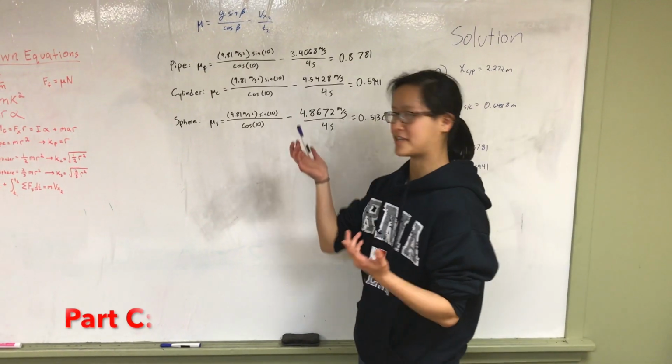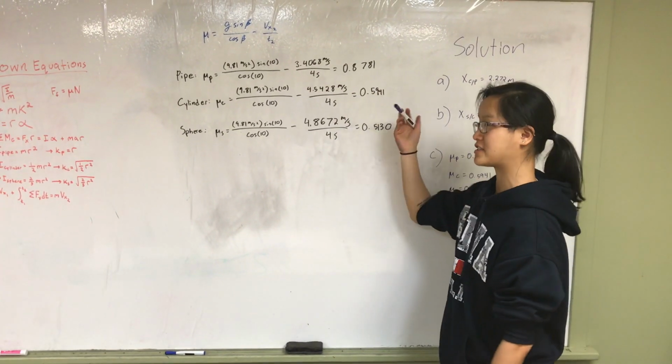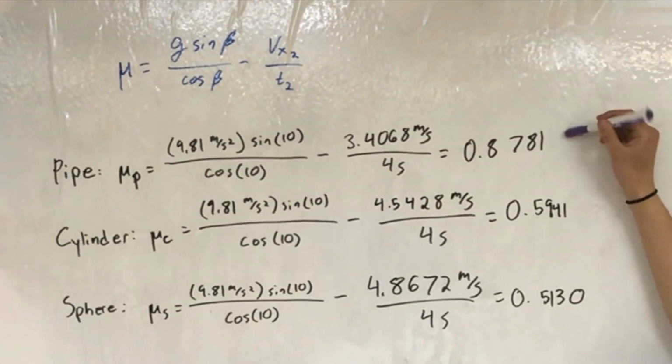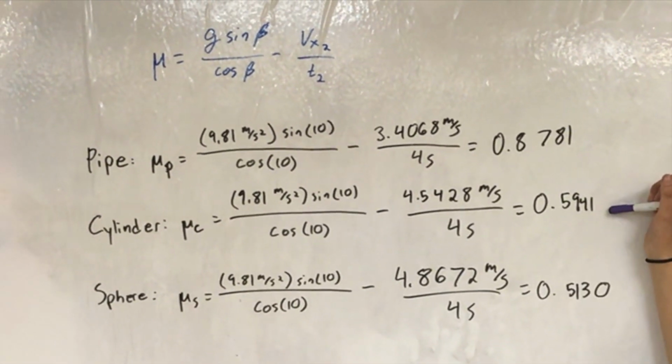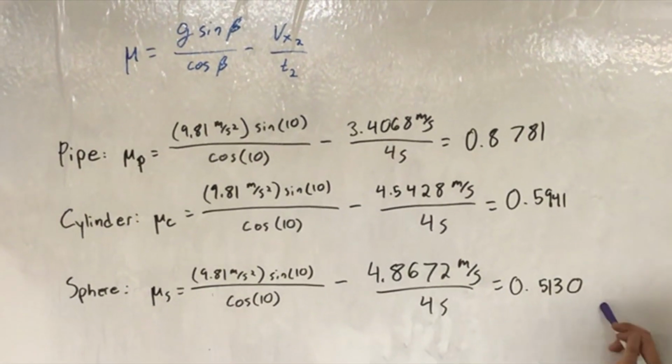So now that we found the general equation for the coefficient of friction, we plugged in the numbers for each of the objects so that we get a coefficient for the pipe of 0.8781, the coefficient for the cylinder of 0.5941, and the coefficient for the sphere of 0.5130.